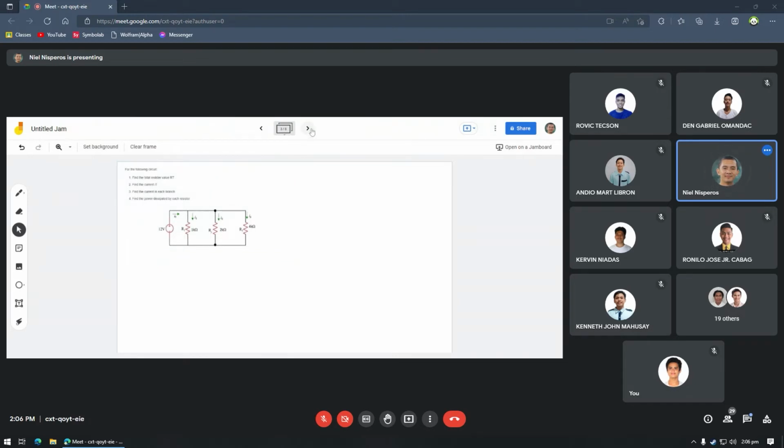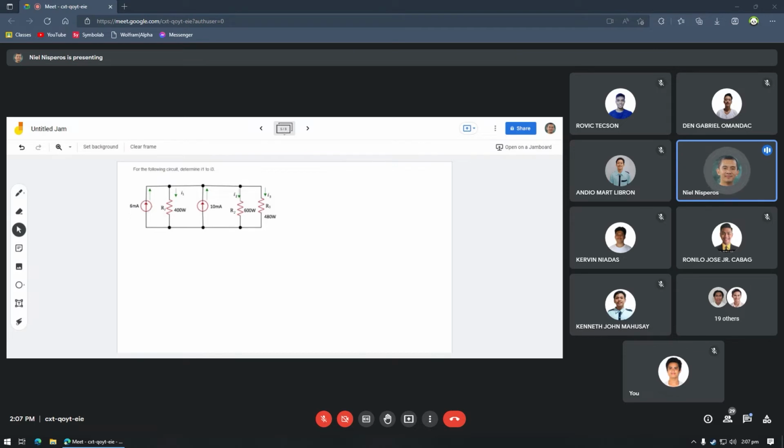We have a parallel circuit wherein the given are the currents only, with no total voltage. We are told to get the current across I1, I2, and I3, but we need to solve for R total first since we have no voltage yet, to get V total.